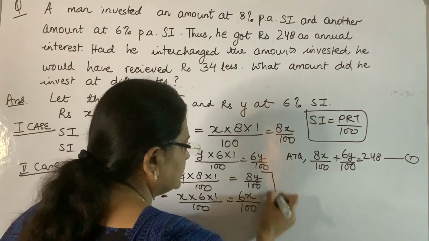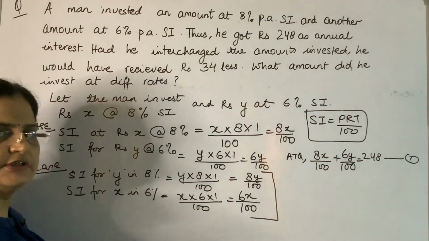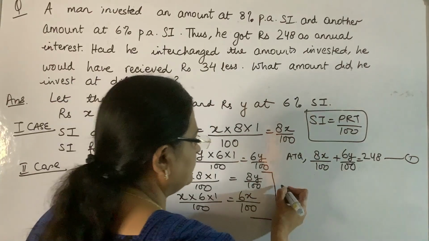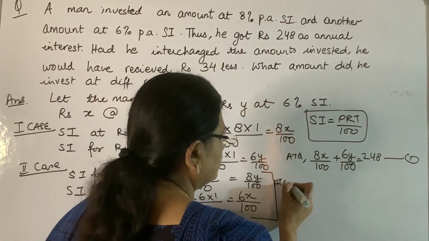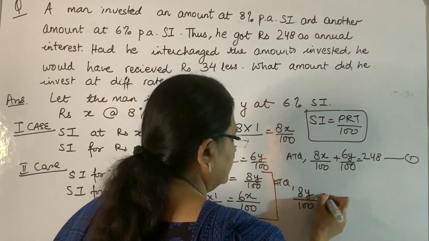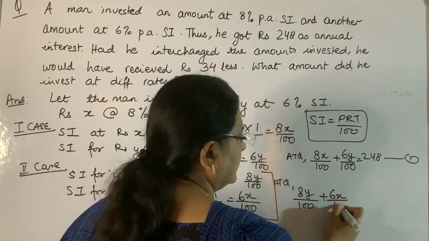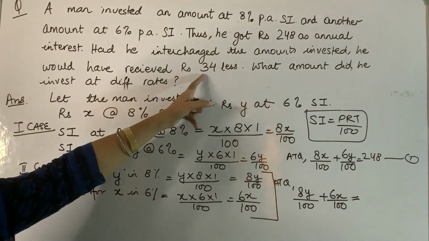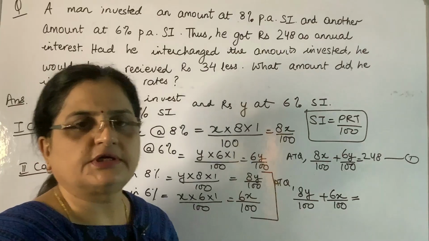So some interest he's got here and some interest he's got here. So what is the total interest? Total interest will become 8y upon 100 plus 6x upon 100 equals, how much is the interest now? 34 less than 248.